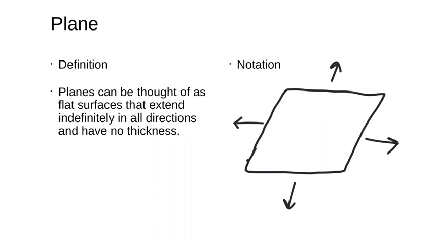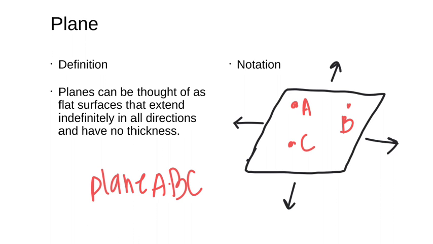When you go to name a plane, you can name a plane using 3 letters, 3 points that are in the plane. So like point A, point B, point C. As long as you have 3 points in that plane, you can name a plane using 3 points. Plane ABC, plane CBA, plane BCA. It doesn't matter the order.